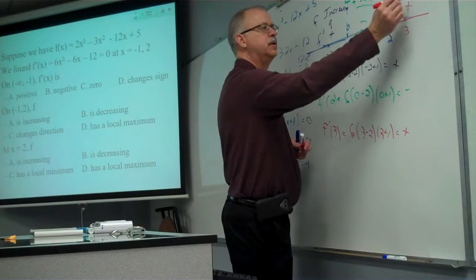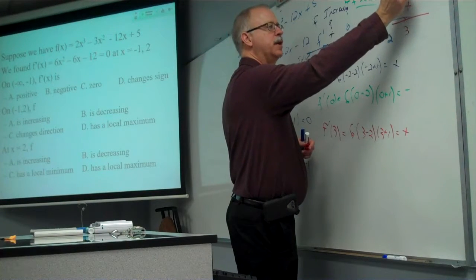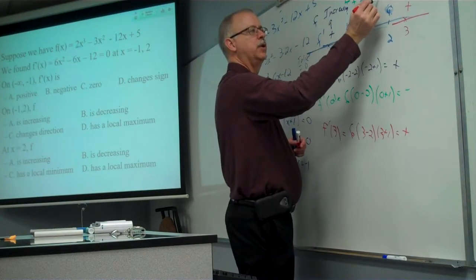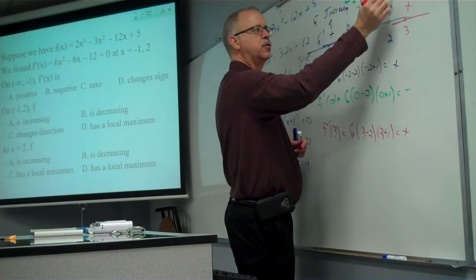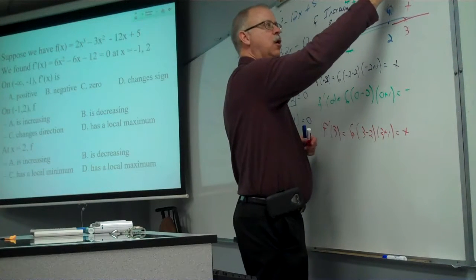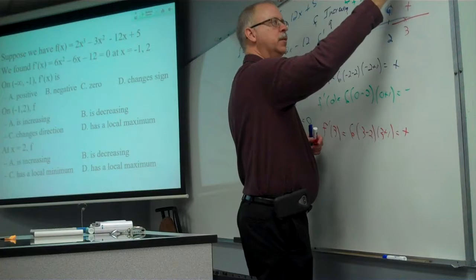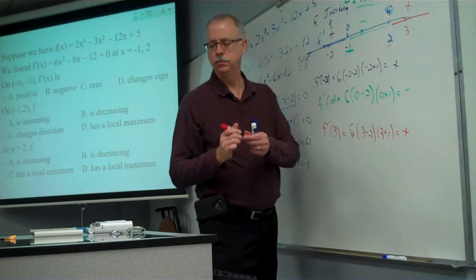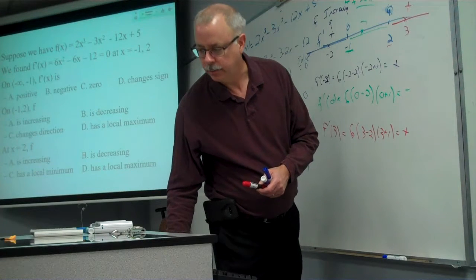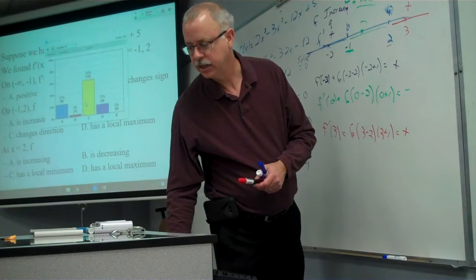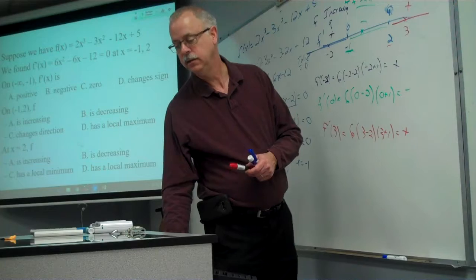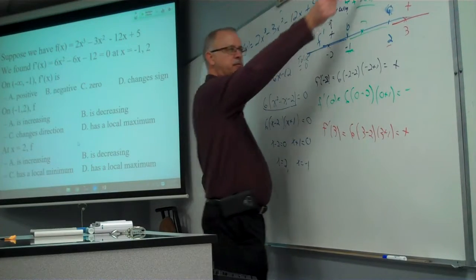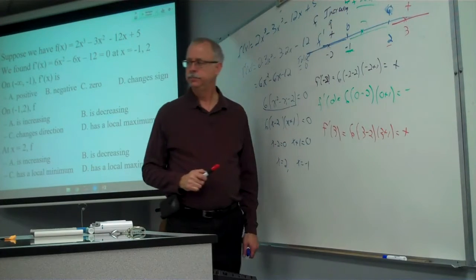That's going to be positive, so the function is switched back to increasing, and so the fact that we go from decreasing to increasing means we do have a local minimum at x equals 2. It required a little bit more analysis before we really knew that, because we could have leveled off and kept going down.